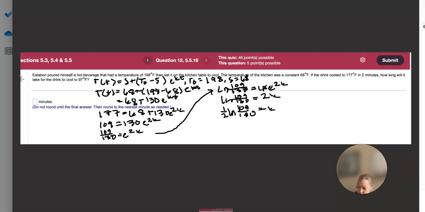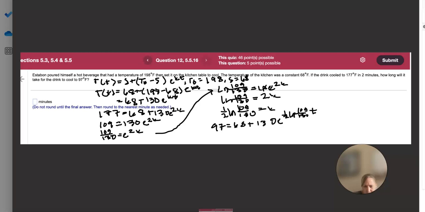Now what we want to do is find at what point the temperature reaches 97 degrees Fahrenheit. To do that, 97 is going to be our T of t, so we're going to plug 97 in for T of t equals 68, which we already figured out earlier, plus 130 e to the 1 half ln of 109 over 130 times t.